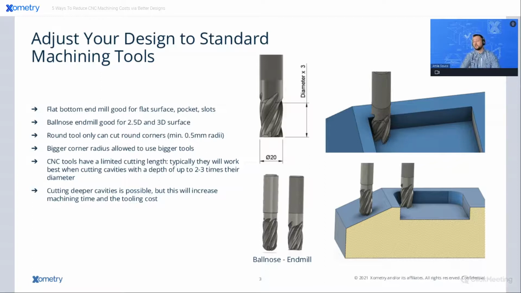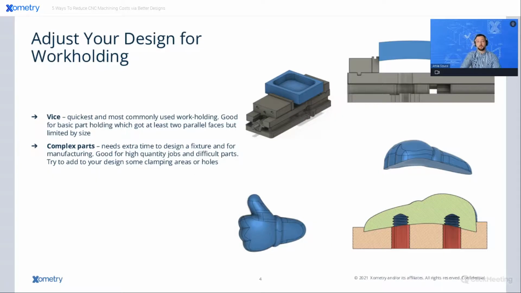After that, now that we know about tooling, let's talk about how you're going to hold that part. So adjust your design for work holding. There are two basic types of work holding, as I mentioned earlier: the vise, and fixtures for a complex part. The vise is one of the simplest and quickest ways to hold your parts.